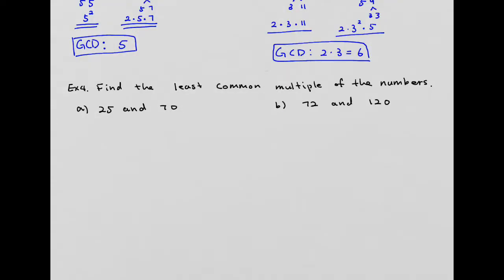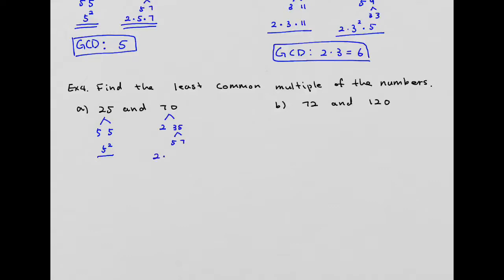Example 4. This time we're looking for the least common multiple. The least common multiple is very similar to the greatest common divisor, but the last step will be different. So we will use the factor tree for both values.